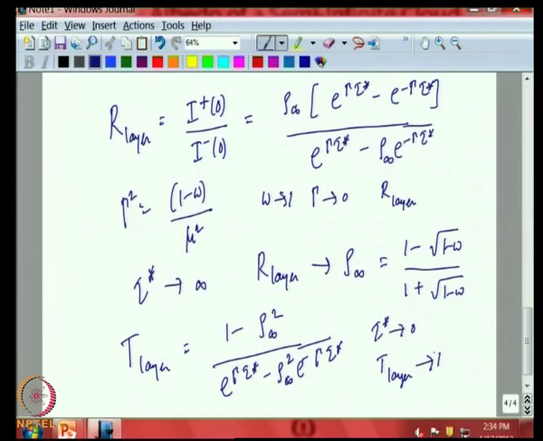That is because this term goes to 1, this term goes to 1, you have 1 minus rho infinity squared. So, in the optically thin layer, of course, transmittance has to be 1, that is not too surprising.